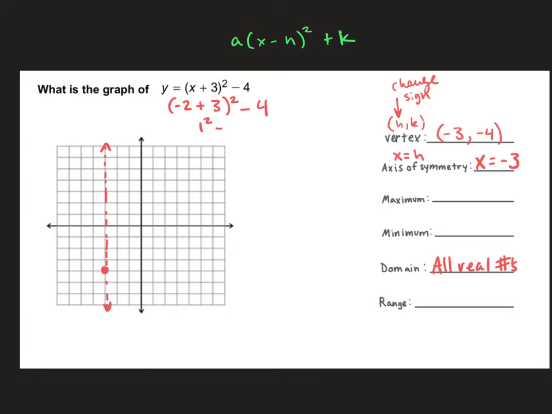What's 1 squared? 1. And what is 1 minus 4? -3. So we plugged in -2 and got -3. So we're going to go to the left 2 and down 3. How do we find our third point?